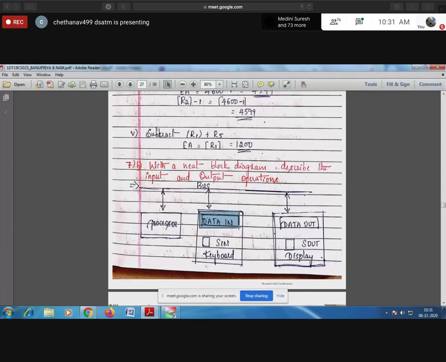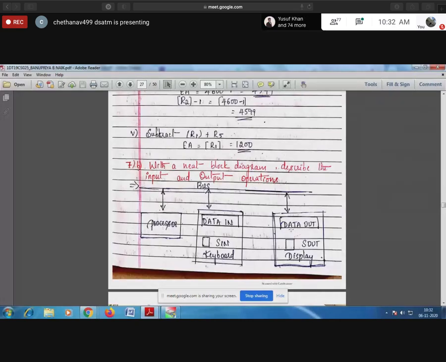Sometimes the processor wants to send some data or display some data on the output screen via output devices. At that time, it will send the data. I want to print some data on the monitor, so the A will be sent here to the monitor. Now that data will be available in the data out register.